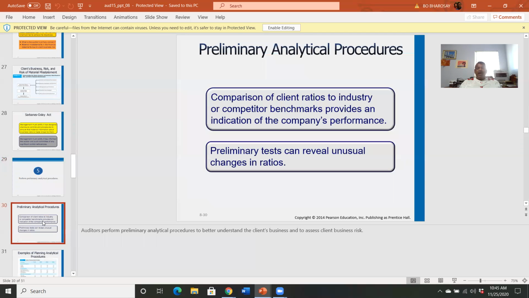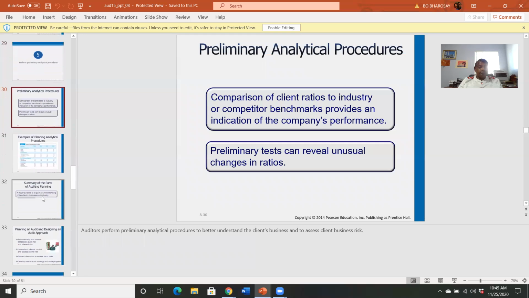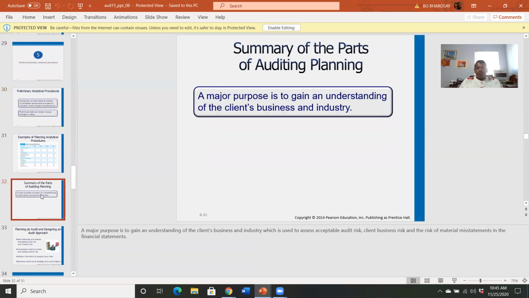So preliminary analytical procedures are comparisons of client ratios to industry or competitors' benchmarks, and provide an indication of the company's performance. Preliminary tests can reveal unusual changes in ratios. A major purpose is to gain an understanding of the client business and industry.